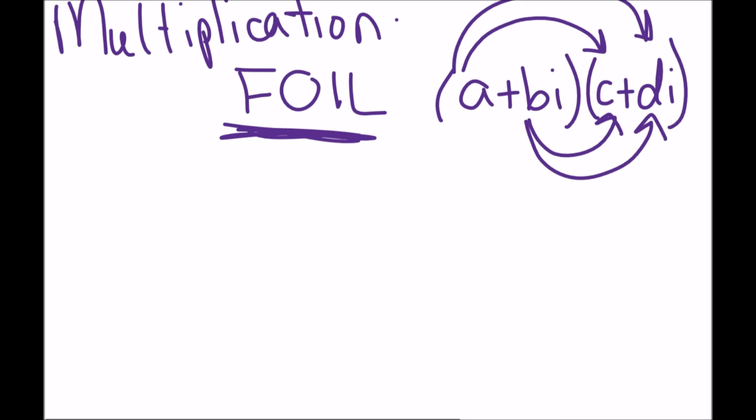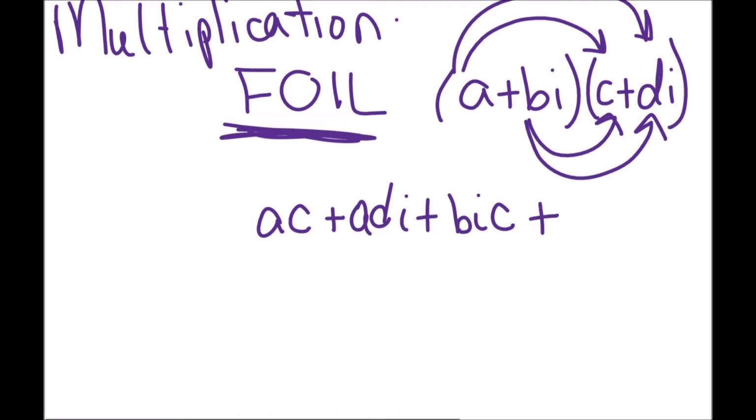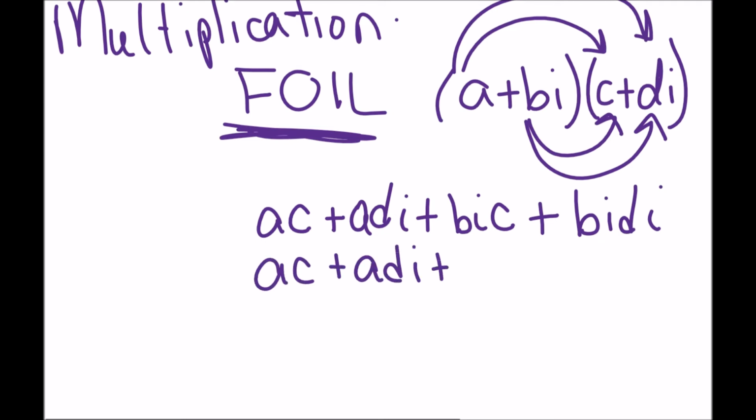So if we actually do this, we're going to get a times c, which is ac, plus the outside, which is a times di, plus the inside, which is bi times c, plus the last, which is bi times di. So if we simplify a little bit, ac plus adi plus bci plus bdi times i, which is i squared.